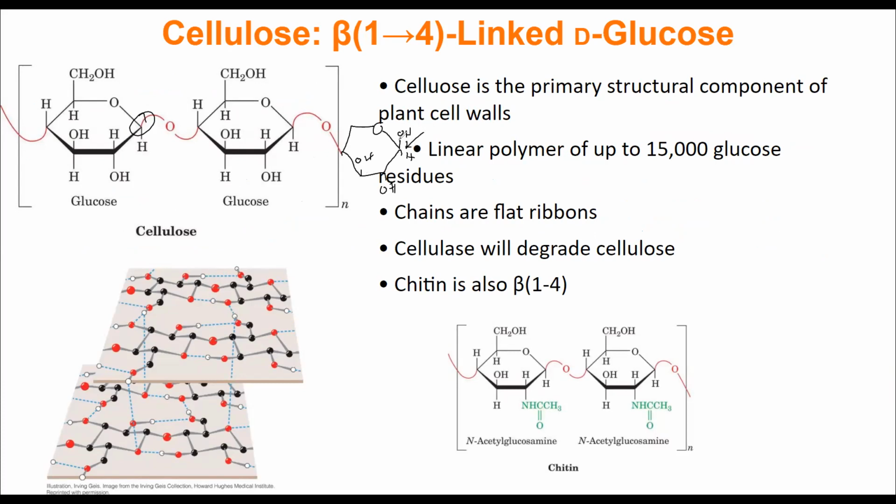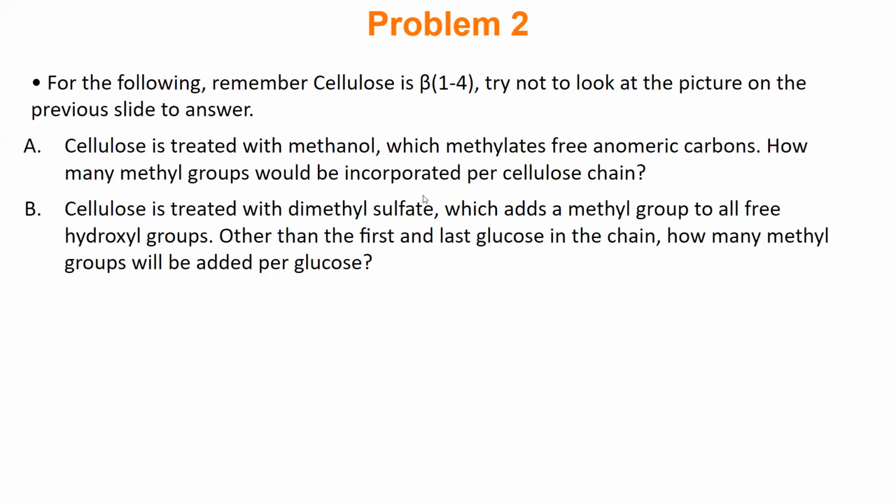So this is a free anomeric carbon. This is our reducing sugar. So out of every chain of cellulose, you have exactly one reducing sugar, one free anomeric carbon. It's the one at the end. So going to our question, how many methyl groups will be incorporated per cellulose chain? That is 1.